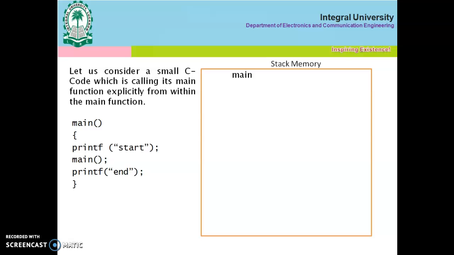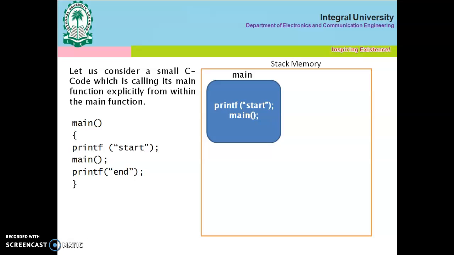First time, whenever we start executing this program, the operating system invokes the main method. So to the main method, some memory will be allocated. So here a main frame will be created. The amount of memory will be allocated to execute all the three statements defined inside the main method.